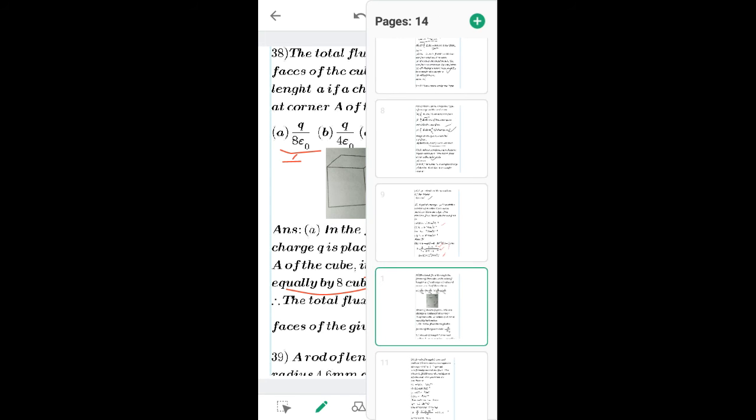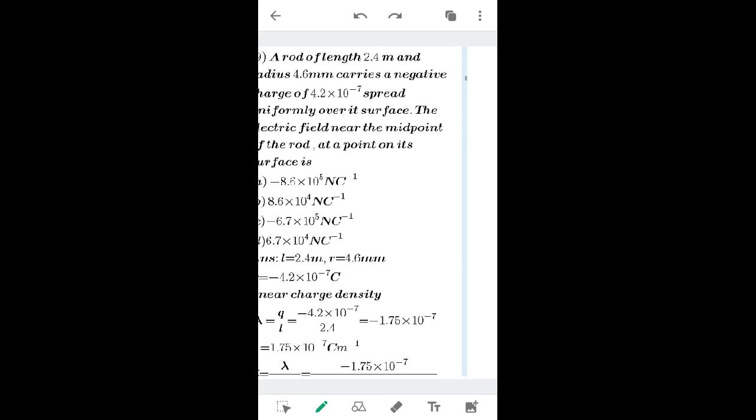So let us go to the 39th. A rod of length 2.4 meter and a radius 4.6 millimeter carries a negative charge of 4.2 into 10 raised to minus 7 spread uniformly over its surface. The electric field near the midpoint of the rod at a point on its surface is: minus 8.6 into 10 raised to 5 Newton per Coulomb, 8.6 into 10 raised to 4 Newton per Coulomb, minus 6.7 into 10 raised to 5 Newton per Coulomb, 6.7 into 10 raised to 4 Newton per Coulomb.